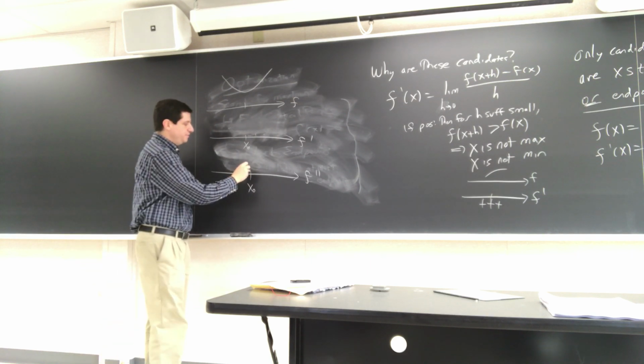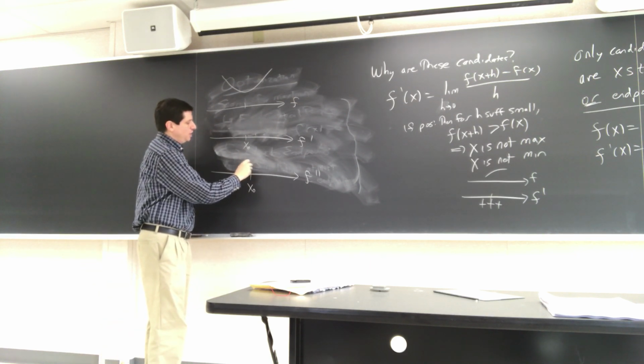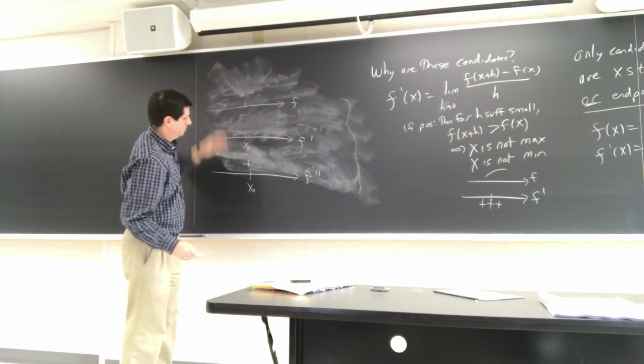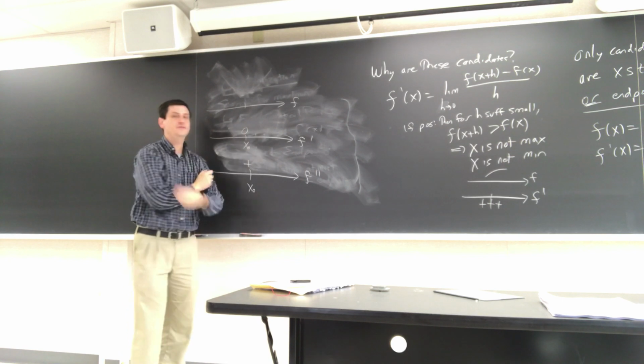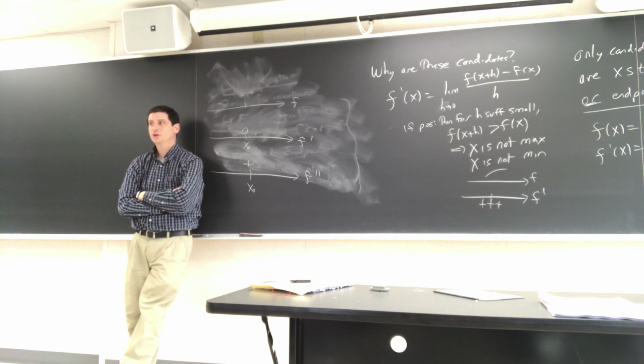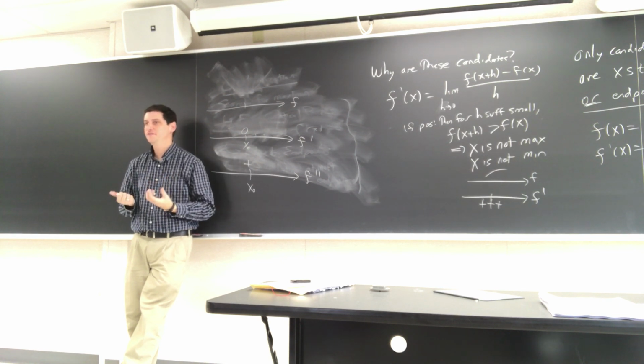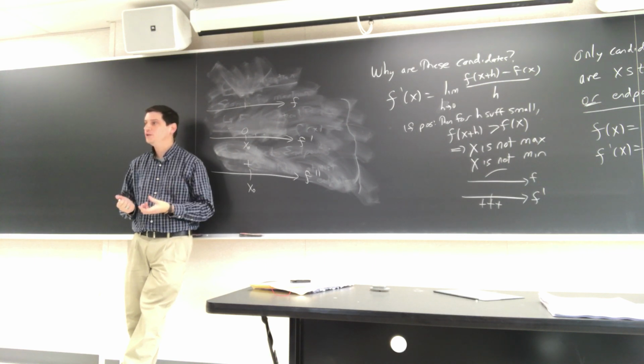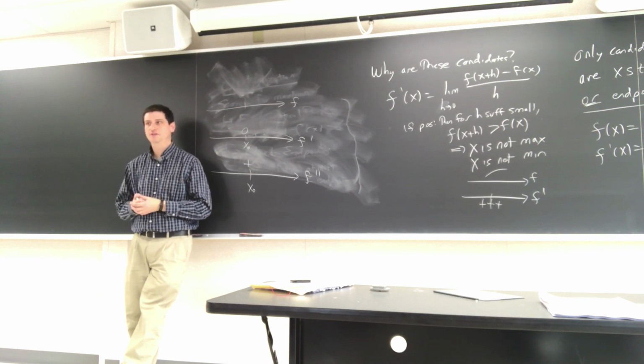Let's say the second derivative is positive at x naught. And we know the first derivative is 0 at x naught. So really, you get to choose, do you want to do the first derivative test or the second derivative test? If you can easily tell the sign of the first derivative, do the first derivative test. Or if you can easily calculate the second derivative, do the second derivative test.